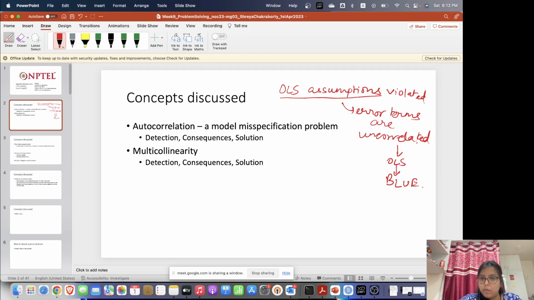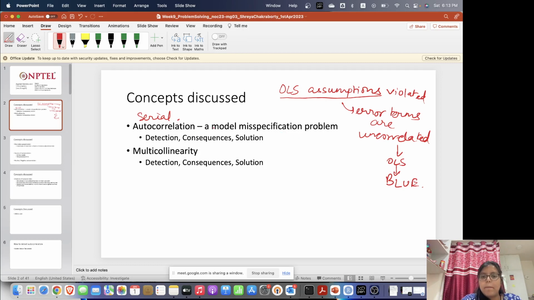But once the error terms become correlated, or the problem of serial autocorrelation creeps in, that might happen because of some model misspecification, maybe omitted variables or an incorrect functional form. It could happen for various reasons.